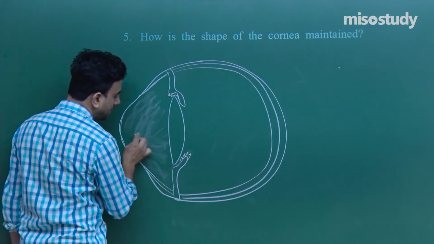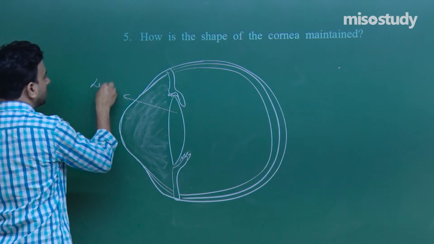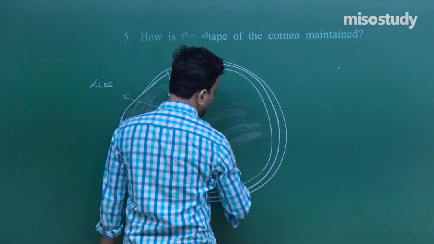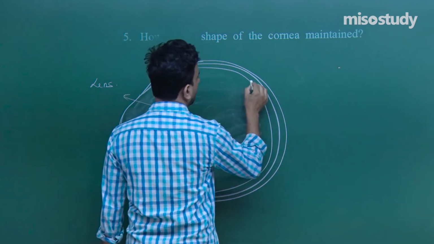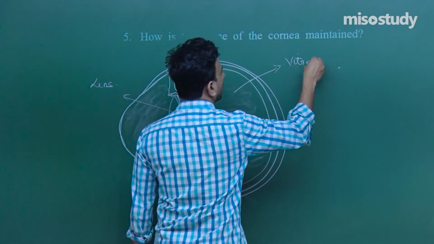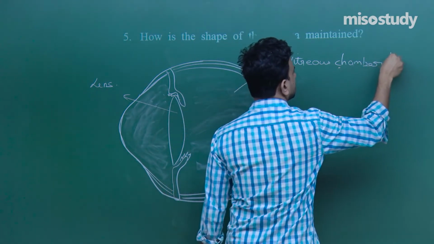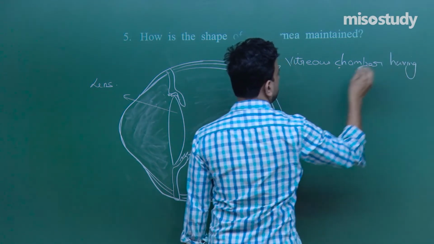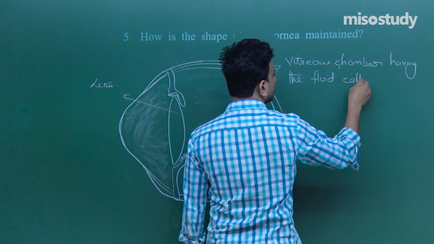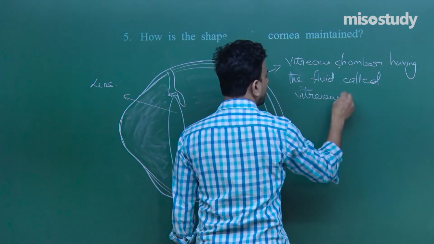Here we see that this is the portion which is called the aqueous chamber, which is filled with the aqueous humor. This is the lens and this is the vitreous chamber having the fluid called vitreous humor.